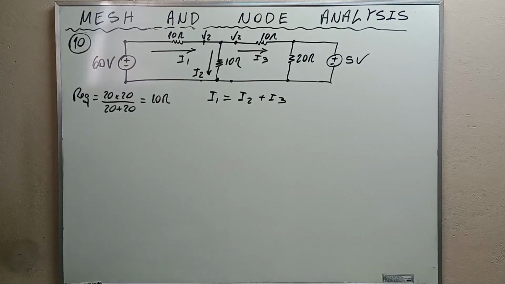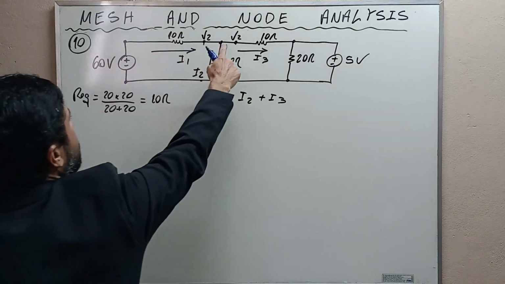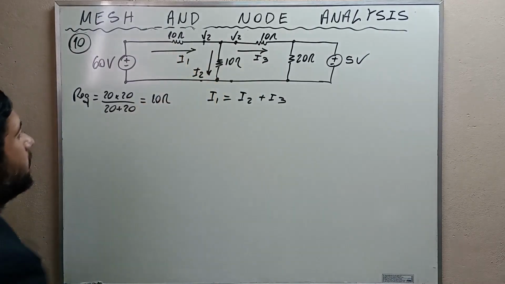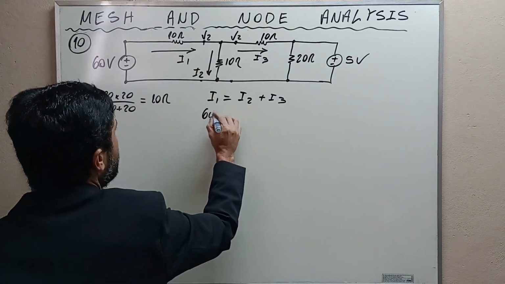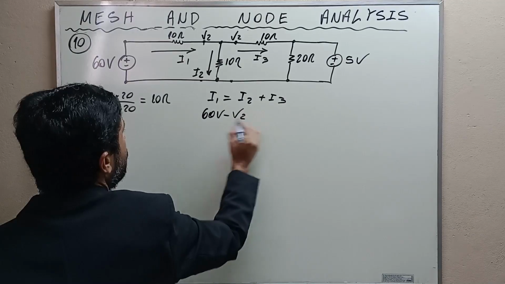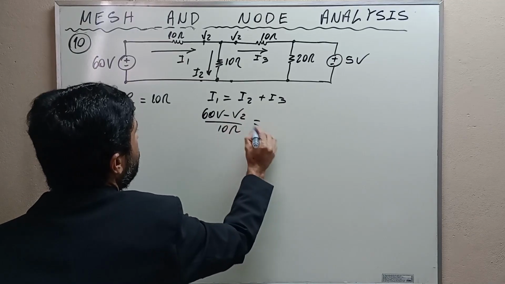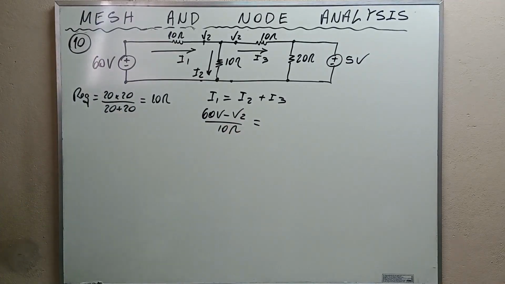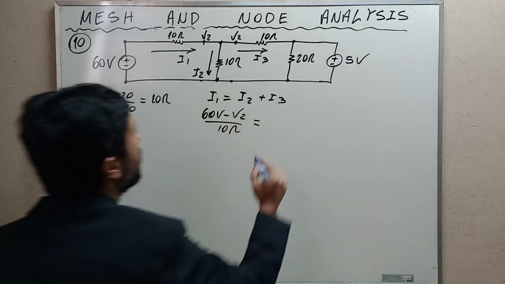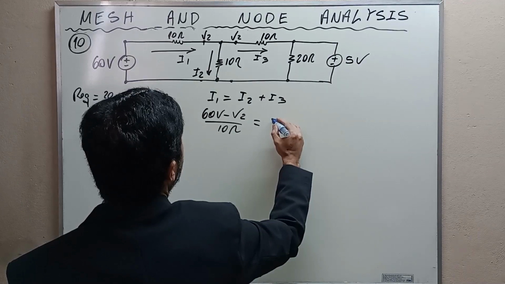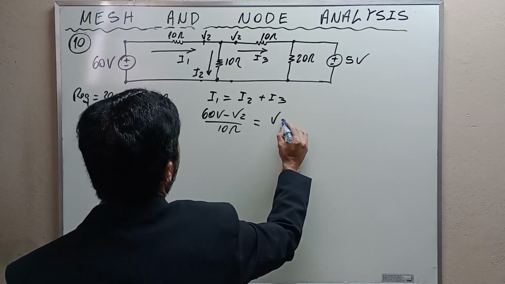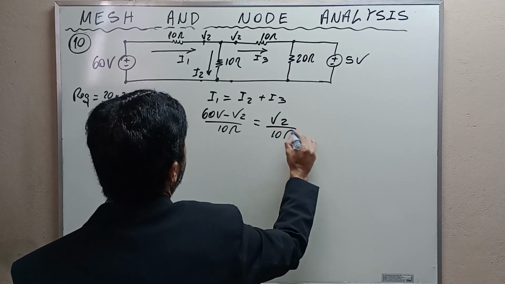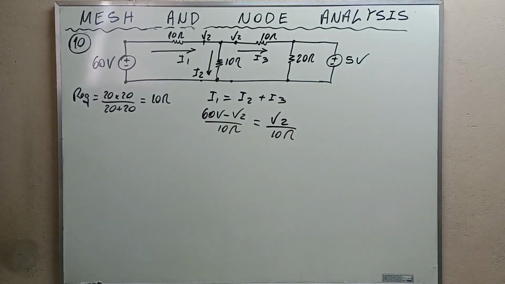How can we calculate I1? I1 is 60 volts minus V2 divided by 10 ohms, okay? 60 volts minus V2 divided by 10 ohms. And how about I2? I2 is simply V2 divided by 10 ohms, okay?